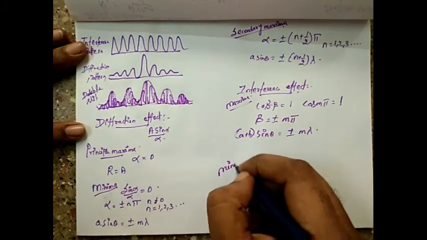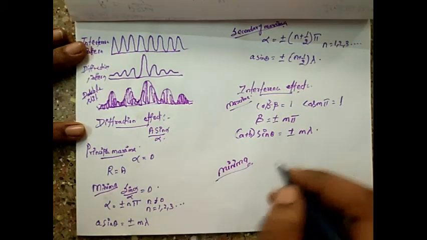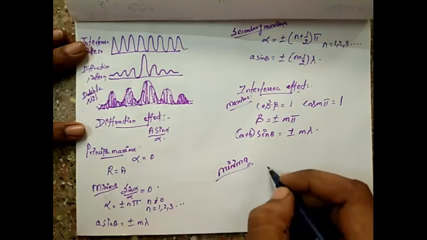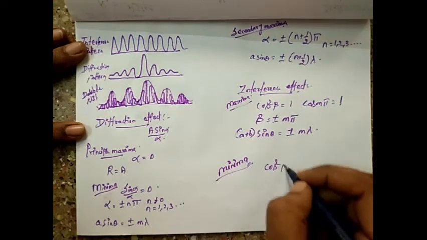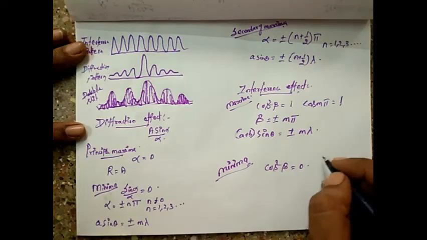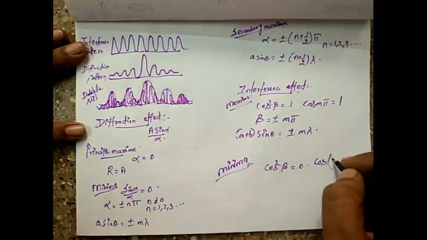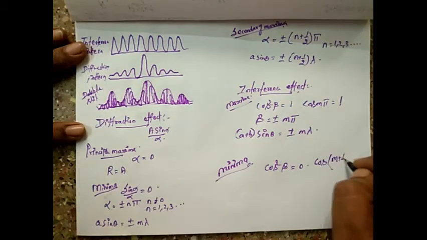Similarly, the condition for minima. For the condition for minima, we have to write cos square beta is equal to 0. So the cos term being 0 means cos of m plus 1 by 2 pi becomes 0.